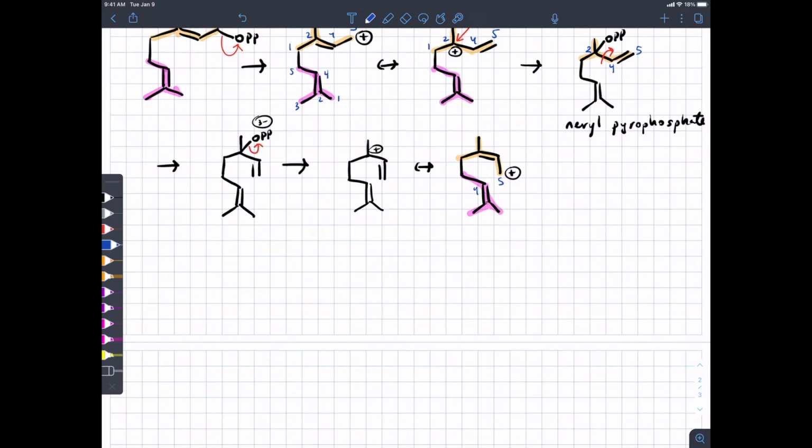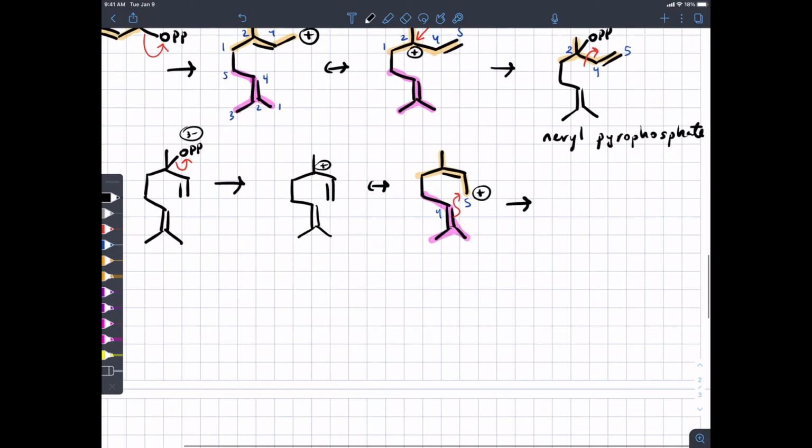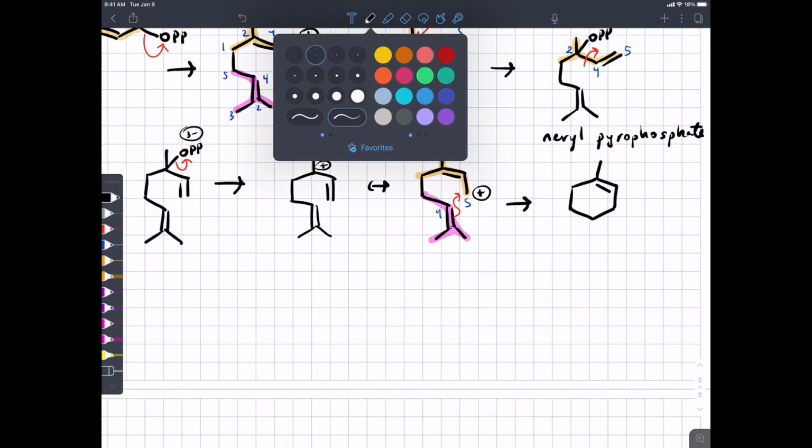Okay, once we get there, carbon 4 in the alkene is next to carbon 5, the carbocation. We are poised for an intramolecular pi bond to attack the carbocation. That establishes the 6-membered ring. Here is the new bond we just barely made.